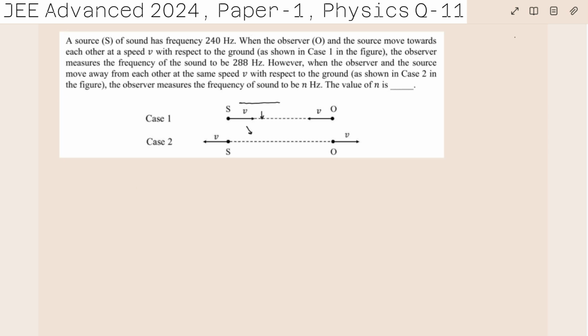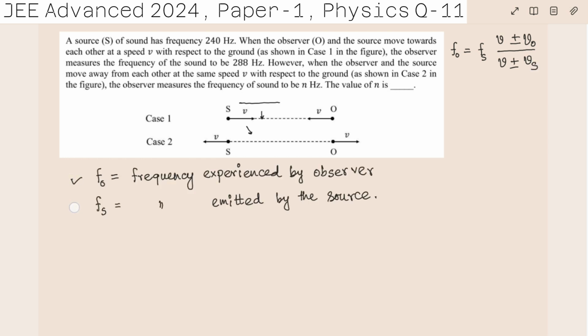So the Doppler effect is stated as f_o, the frequency experienced by the observer, equals f_s, the frequency emitted by the source at the initial position, multiplied by (v plus or minus v_o) divided by (v plus or minus v_s).